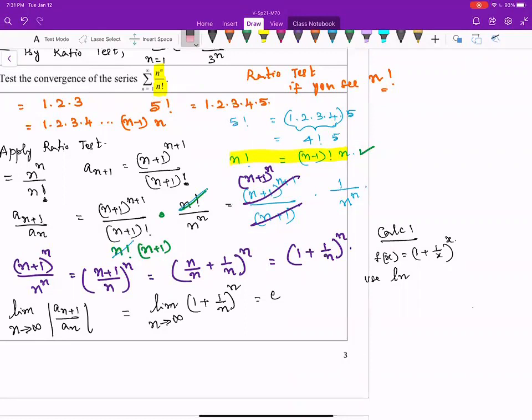And then you would apply L'Hopital's rule to find the limit, using the logarithm and L'Hopital's rule.